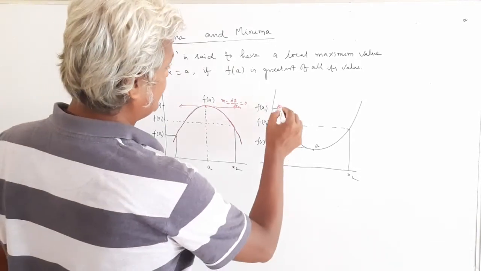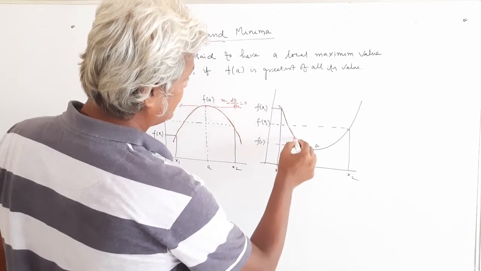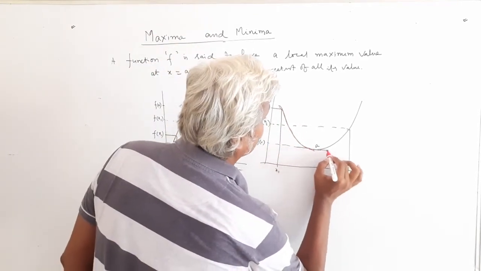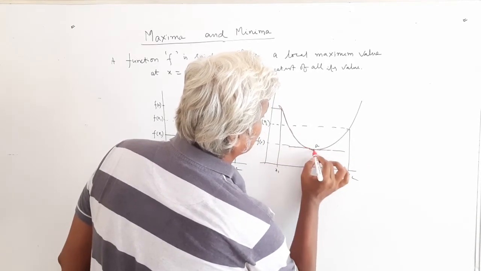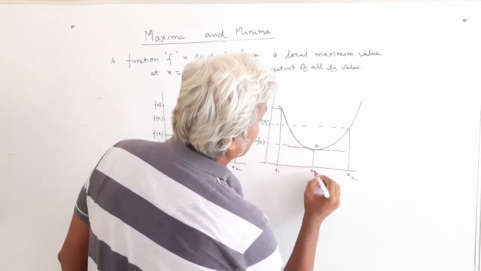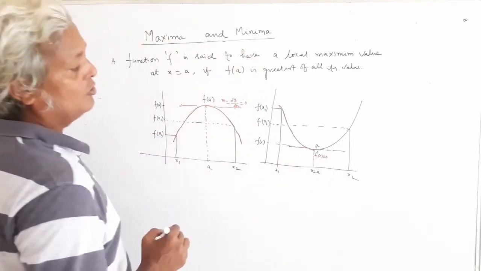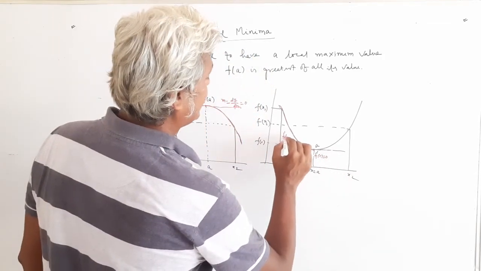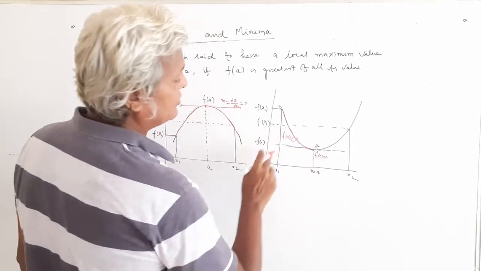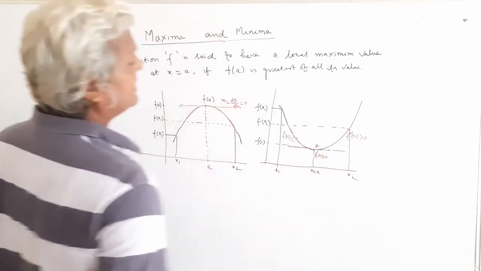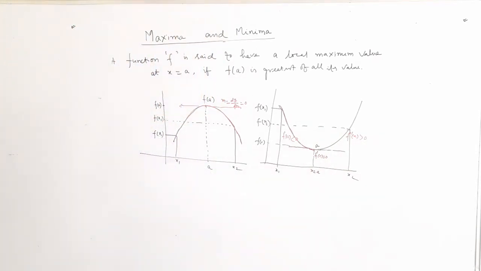So from here to here, the function is decreasing. Here if I draw a tangent, it will be something like this. So this is my critical value at x equal to a, and f dash a at this point will be 0. Here f dash a will be less than 0, a decreasing function, and here f dash a will be greater than 0, which is called an increasing function.